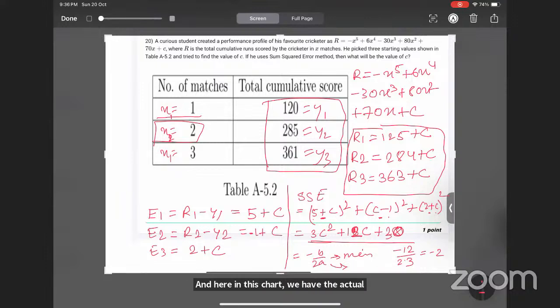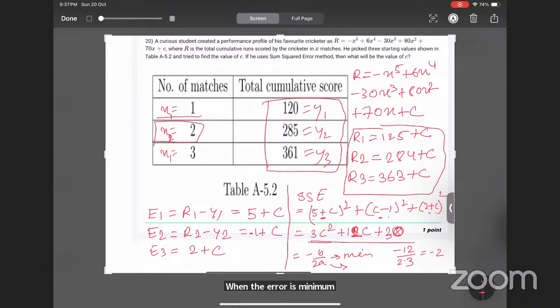So when we are calculating the SSE, we are calculating the errors between the approximated value and the actual value. If we want the best fitted curve, we want the best approximation, which means the error should be minimum.